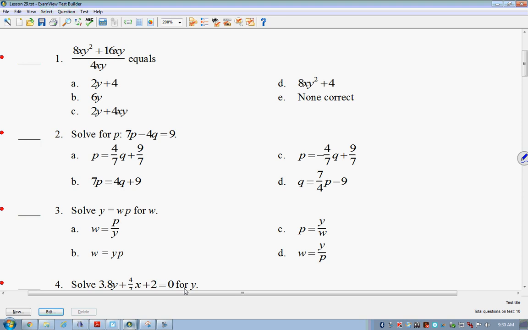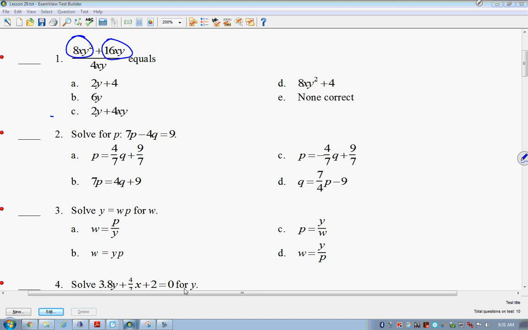What's one of the terms in this literal equation? Anybody identify one in here? We're on number 1. I'll give you a hint. 8xy squared would be one term. What's another term?